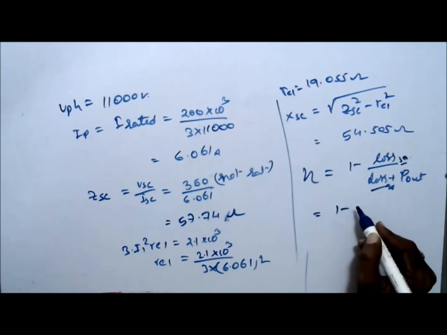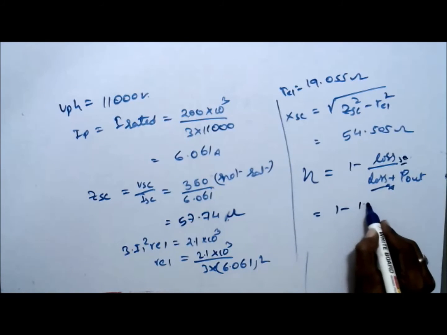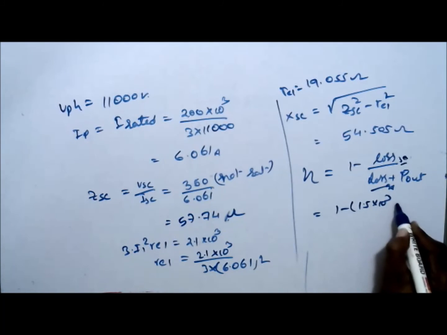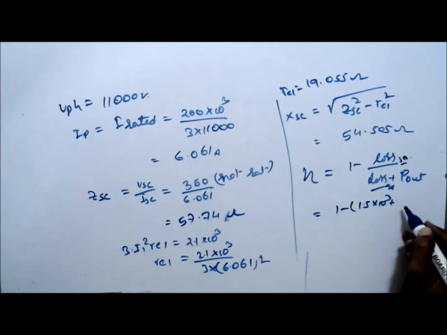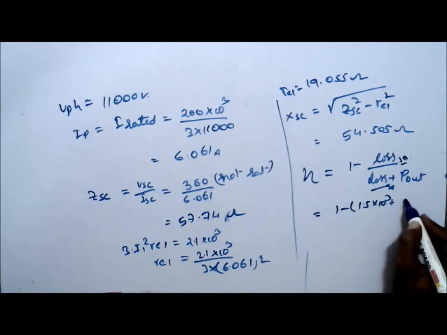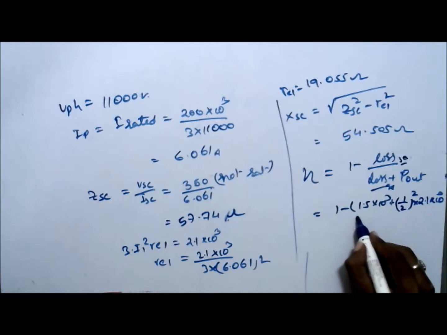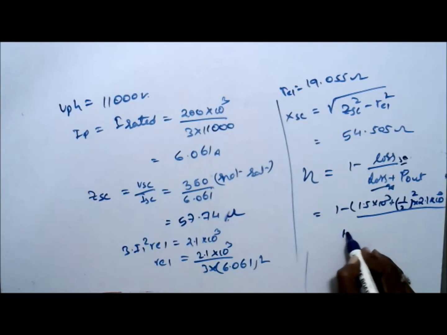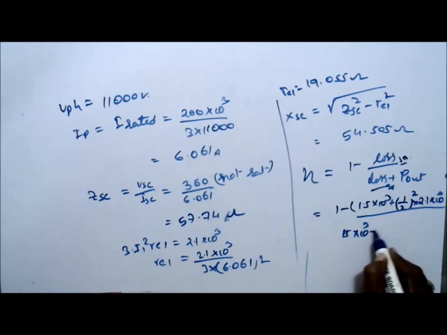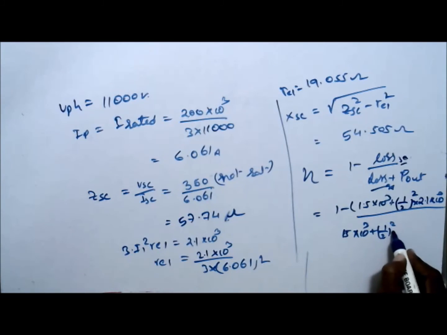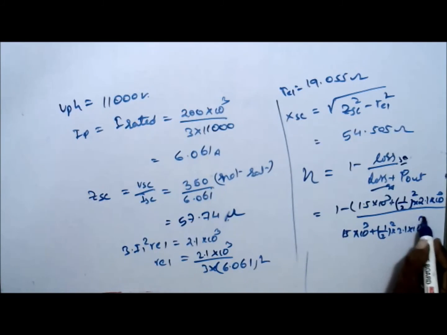That is equal to 1 minus losses. Losses we have taken first as fixed losses, that is 1.5 into 10 power of 3, plus the half load copper losses, so 1 by 2 whole square into 2.1 into 10 power of 3, divided by 1.5 into 10 power of 3 plus 1 by 2 whole square into 2.1 into 10 power of 3 plus 1 by 2 into 200 into 10 power of 3.